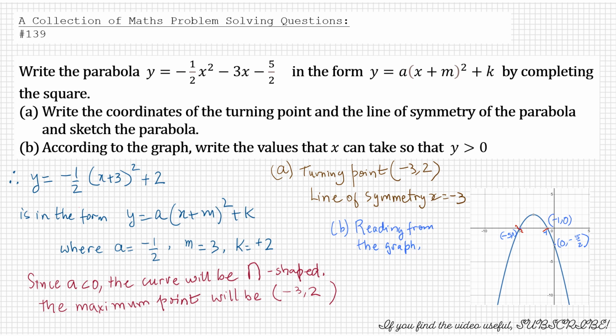So therefore, we can clearly say that x lies between minus 5 and minus 1. That's the part of the graph that is above the x-axis, so y is greater than 0. And therefore minus 5 is less than x, less than minus 1. So I think that completes the answer.